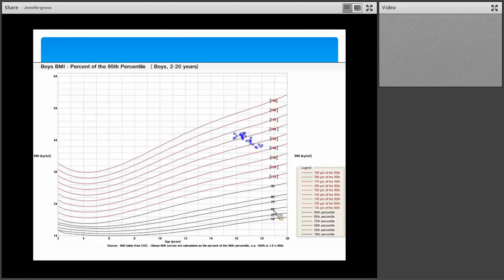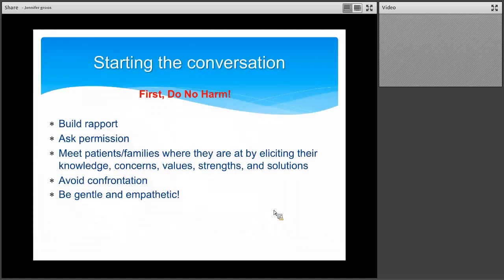They've actually developed an extended BMI growth chart that's available. I know our EPIC system that we use at UnityPoint has this available. We can click on the upper corner of our growth chart and access this extended BMI growth chart. This really gives us the opportunity to show families what progress they're making.